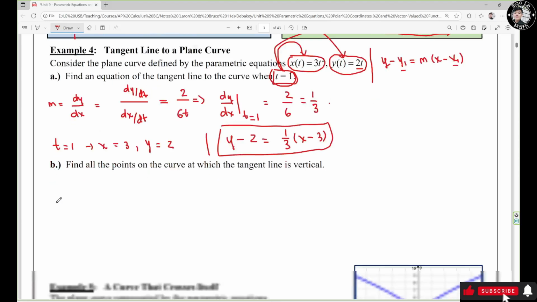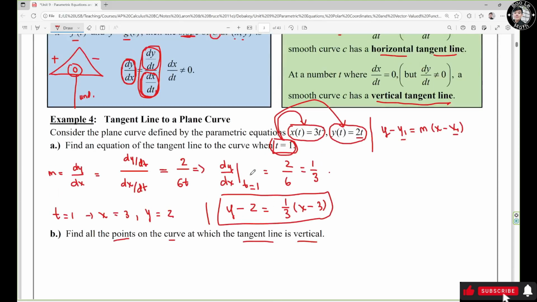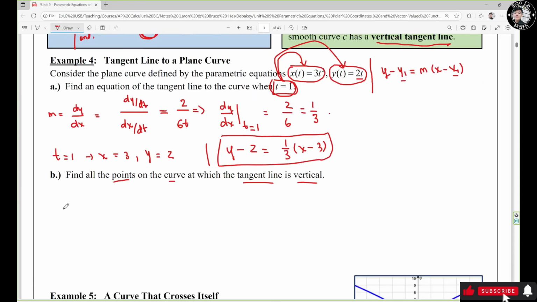Now, question B. Find all the points on the curve at which the tangent line is vertical. You know that the tangent line is vertical when dx/dt equals 0. Taking the derivative of the function x of t with respect to t, we get t equals 0.